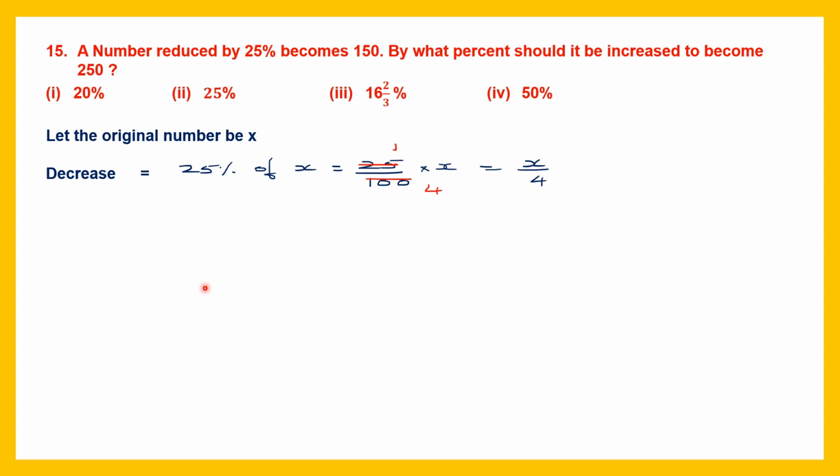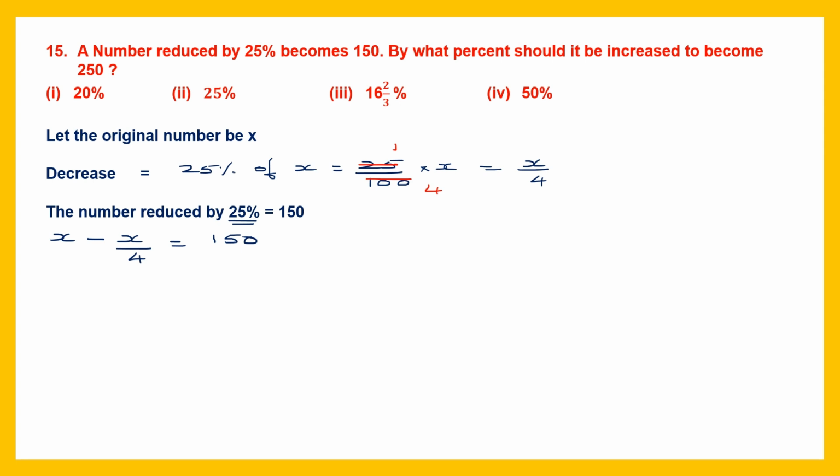So the question says the number is reduced by x by 4, and that becomes 150. So x is a number, reduced means minus, and how much is 25%? We just found out, x by 4. So this is equal to 150.